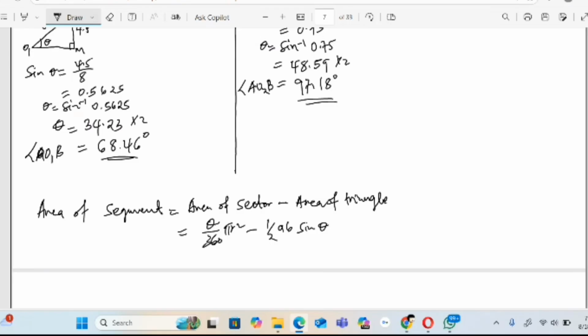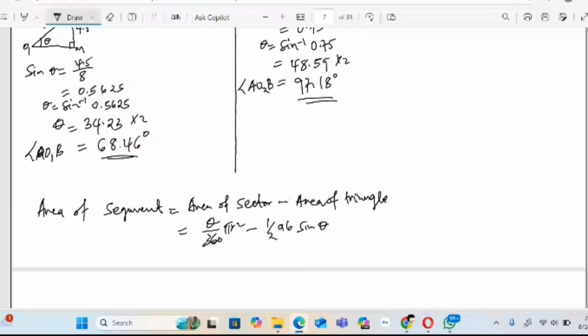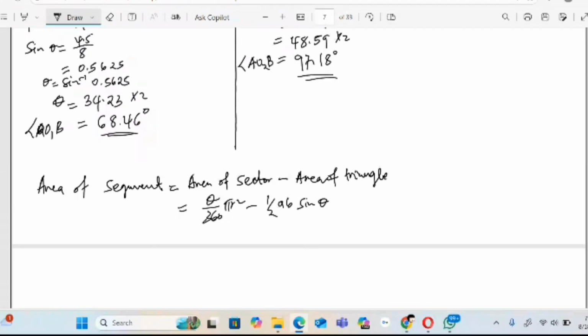Our theta for A, we are starting with AO1B. So our theta now here is going to be 68.46 divided by 360 times pi.